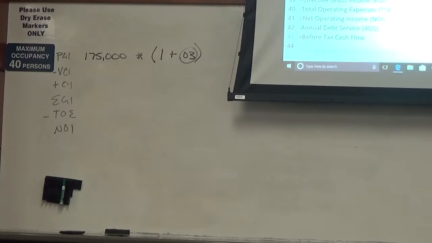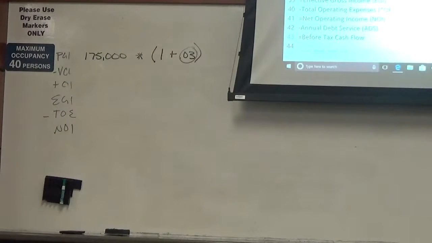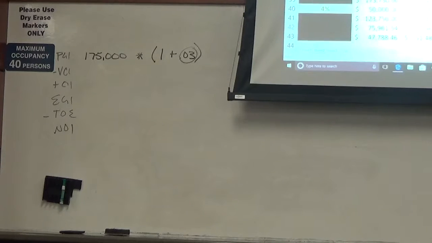All right, now, let's see if we can deal with copying over across the page and see what we've got to do to accomplish that. So let's go back up here to year 2 in terms of the potential gross income. So we get the 180,250.